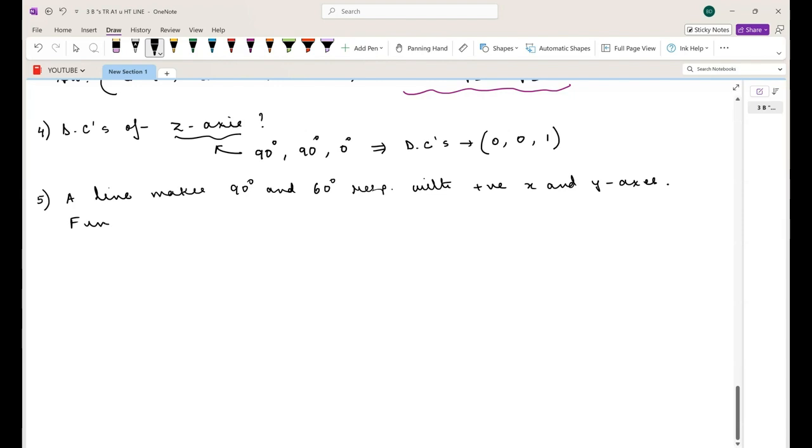Find the angle it makes with the positive z axis.